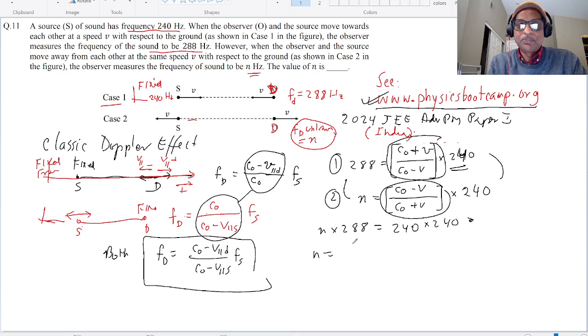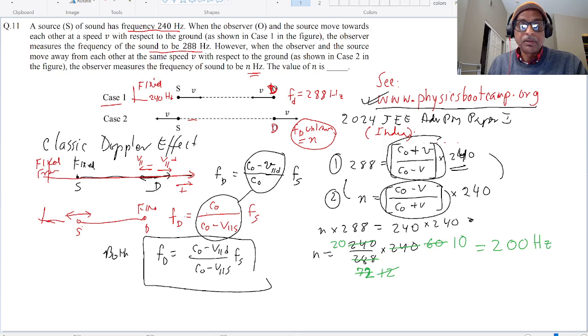Therefore n equals 240 over 288 times 240. Let me pause and do the calculation.